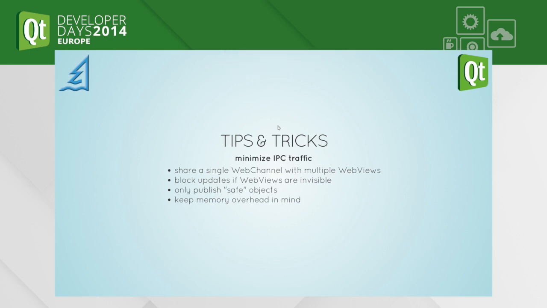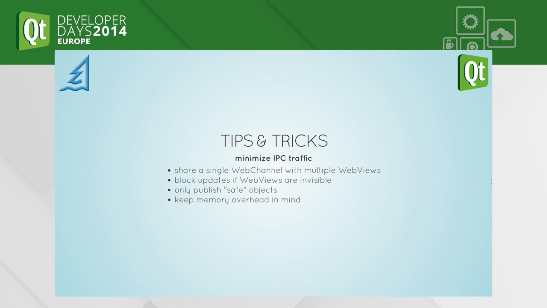I want to give you some tips and tricks, lessons learned in the product we developed for a customer of ours, where we, as I said, heavily rely on QWebChannel. It's running on a, well, not so powerful embedded board, and we learned there that you need to be very careful because, in contrast to the old QtWebKit bridge, what you do here is you actually serialize data and send it over, so you copy data.